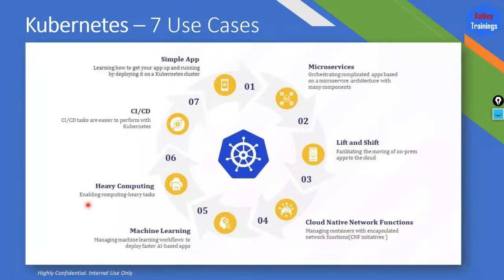It will enable heavy computing and heavy tasks. AI tasks can involve a lot of complicated analytics, and over Kubernetes, that is possible. So you can have tools which can seamlessly work over Kubernetes.